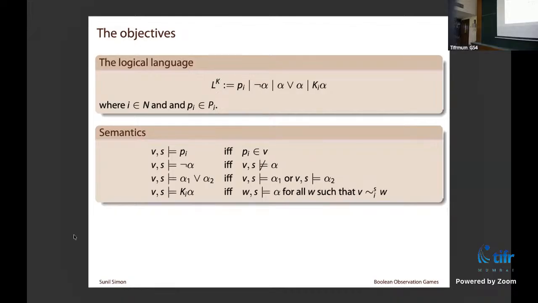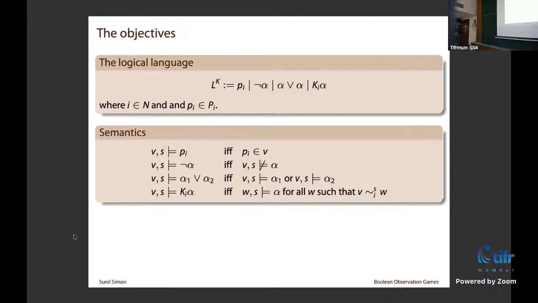That's the standard definition of this epistemic operator. In this case, this is just Boolean, all evaluated essentially on the valuation. It's nested, but essentially these are all Boolean.